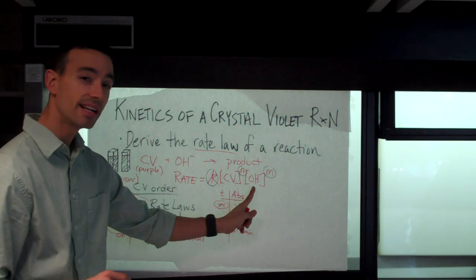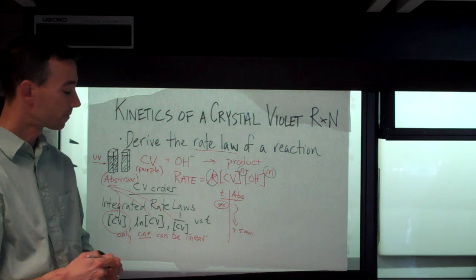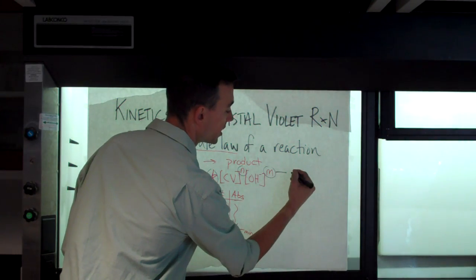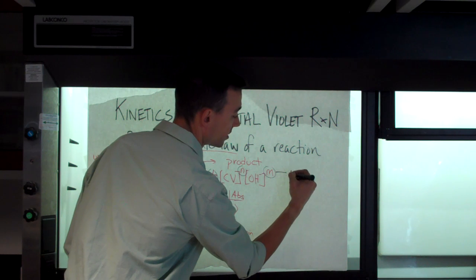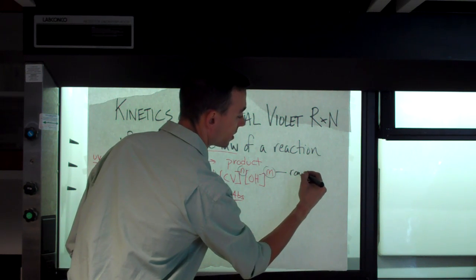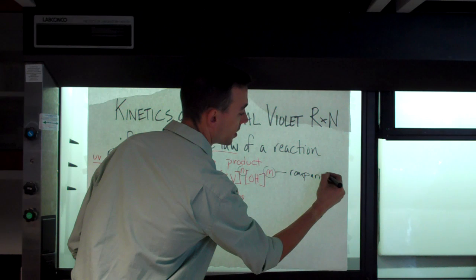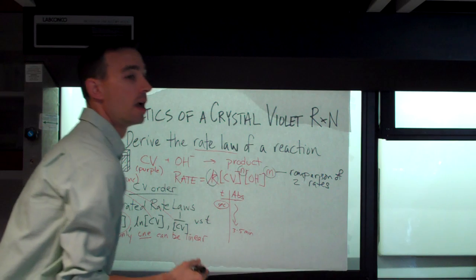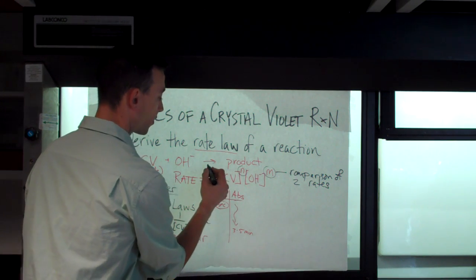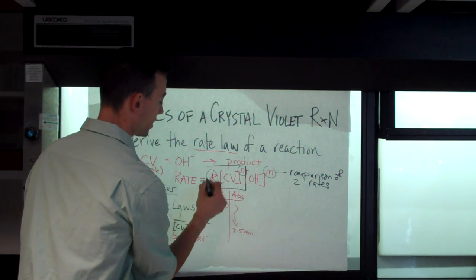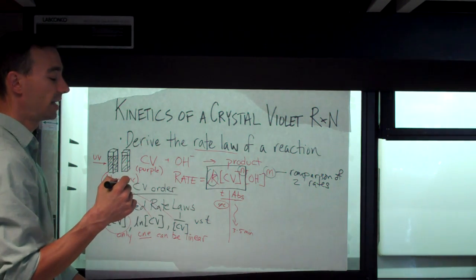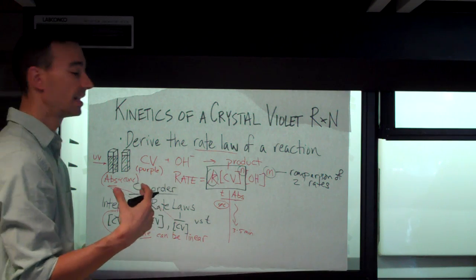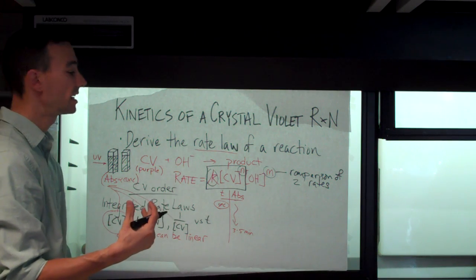Now the hydroxide is a little bit of a puzzle. To get the order of the hydroxide, we're essentially going to use the method of initial rates, or a comparison of two rates. We can approximate this entire piece as a constant, and I'll show you this in, again, the screencast for the data analysis.